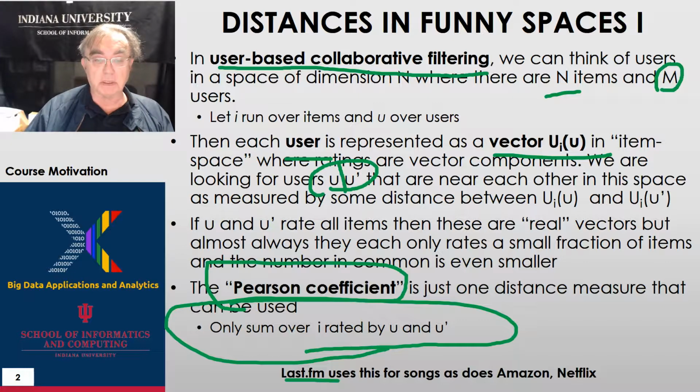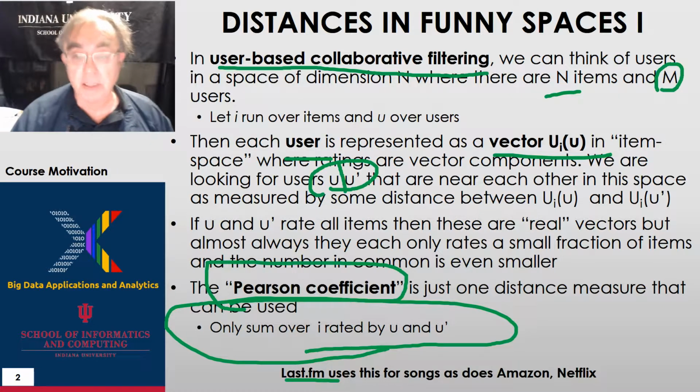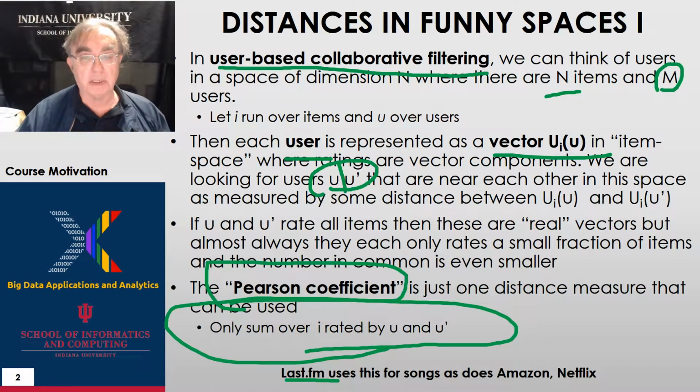So this is not like if you do a Euclidean distance, where you put 0 if the person didn't rank it, which would give you a very different answer from the Pearson coefficient. It doesn't have the usual properties of distances because it just excludes lots of components, so it violates all the conditions that give you the Euclidean spaces.